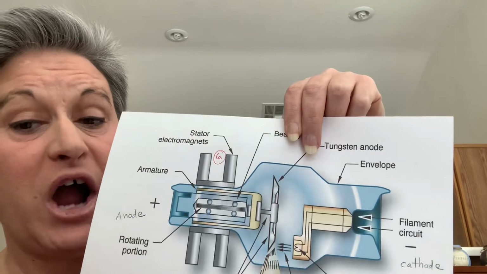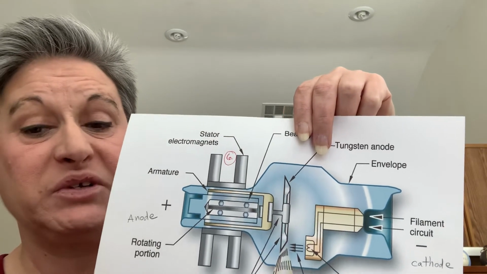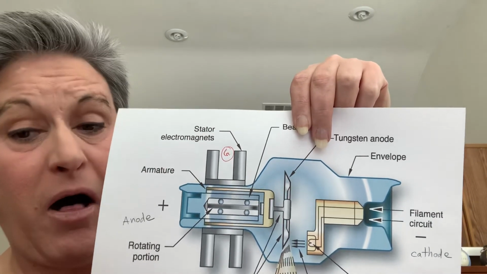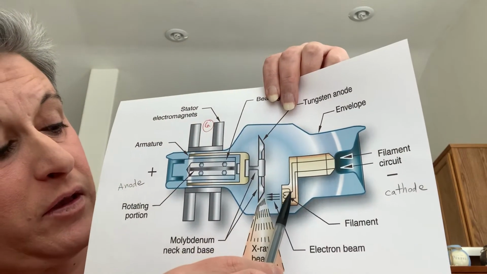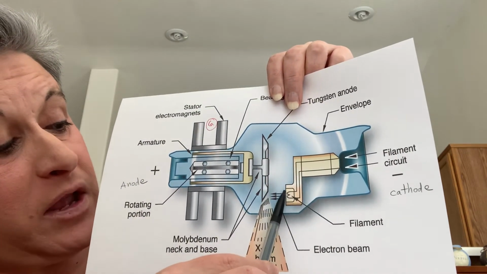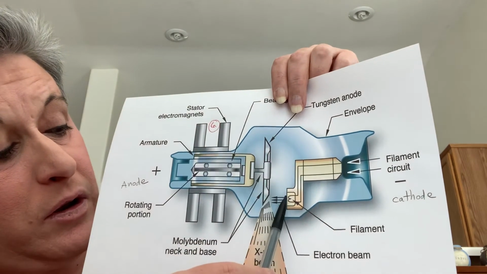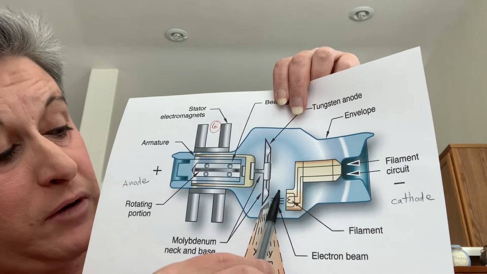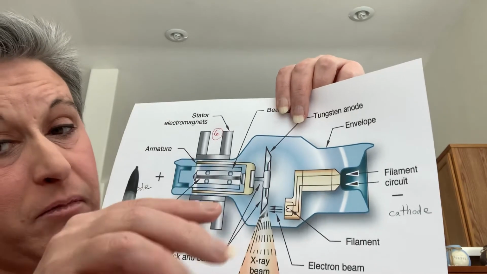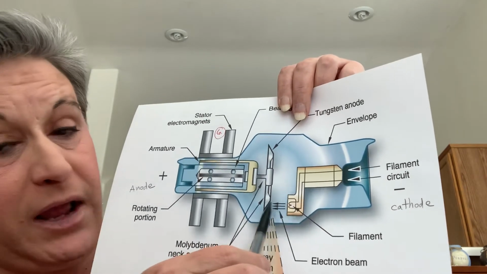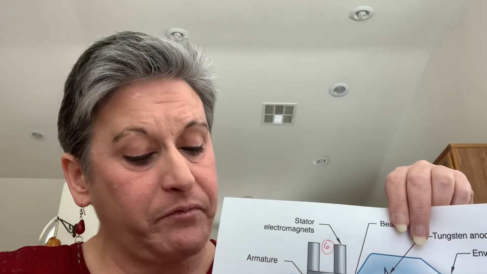They have to travel in a straight line because like charges repel. So electrons can't go up here, they can't fly down here, because the cup is repelling them and making them travel in a straight line right here.